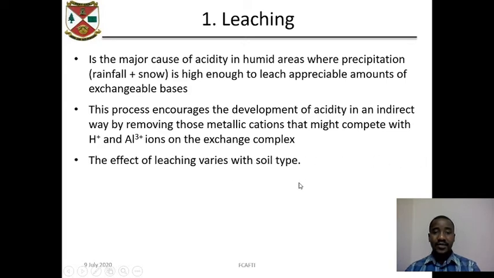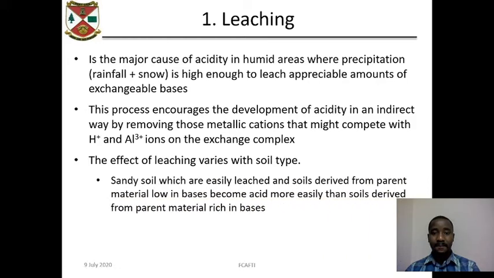The effect of leaching varies with soil type, as you all know. For example, sandy soils which are easily leached and soils derived from parent materials low in bases become acid more easily than soils derived from parent materials rich in bases. For example, dolerite and basalt.